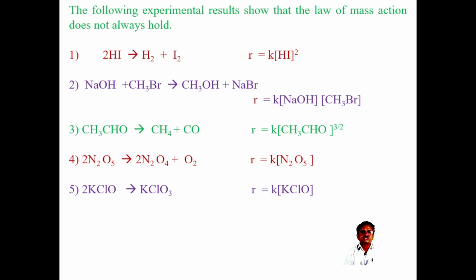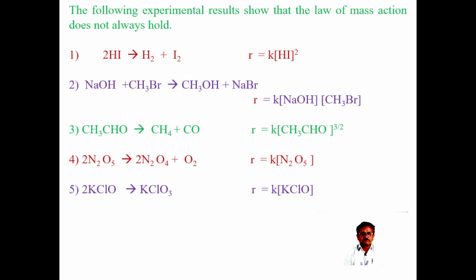Now third, CH3CHO acetaldehyde gives CH4 plus CO, that gives R equals k [CH3CHO]^(3/2). See, here the power is 3/2 for the molar concentration of CH3CHO in the rate law equation. So here it doesn't follow as per the molecules taking part in the chemical reaction.